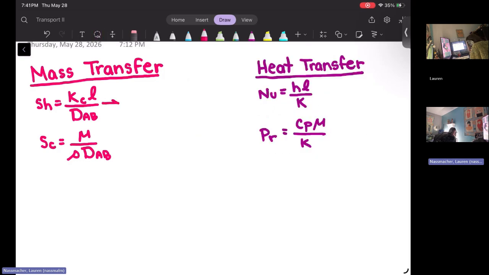This Sherwood equation is simply the convective mass transfer, I'm just going to call that MT, divided by the diffusive mass transfer.